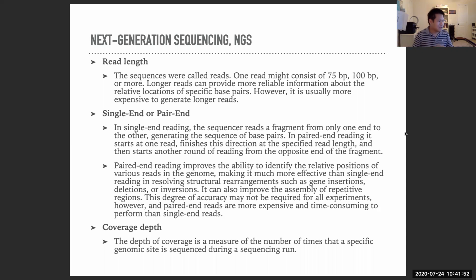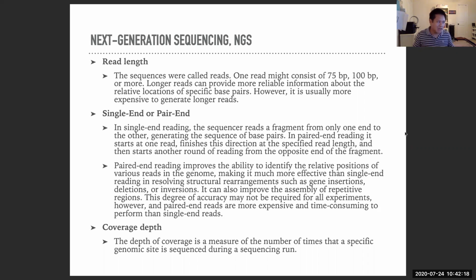Okay, the third concept is called coverage depth. The coverage depth is how many times a region is sequenced. If I have a 100 base pair region and 10 reads cover the whole region, the coverage depth will be 10x, because each of the bases in the fragment is covered 10 times.